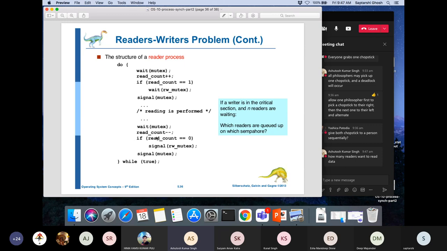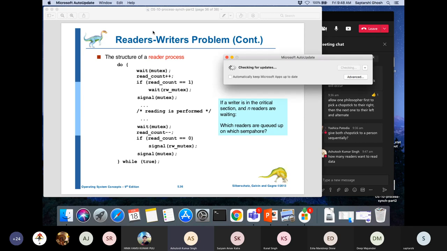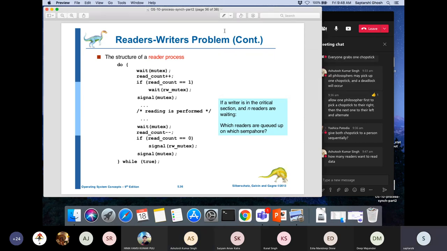But if another reader comes after this, it won't wait on RW mutex. It will simply wait on mutex. I also have a doubt regarding how it's functioning, but basically I get that read count ensures that the first one waits on RW and the others don't wait on RW mutex.